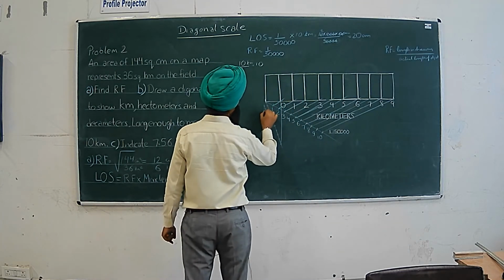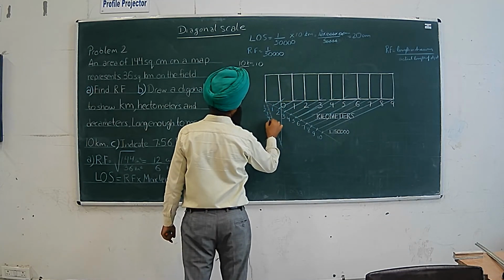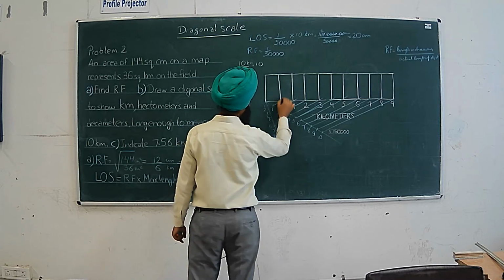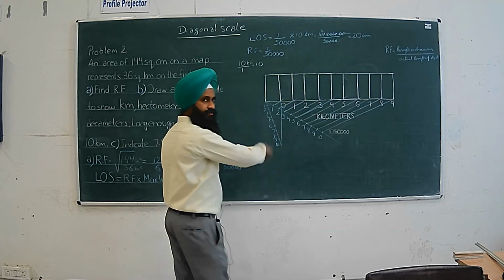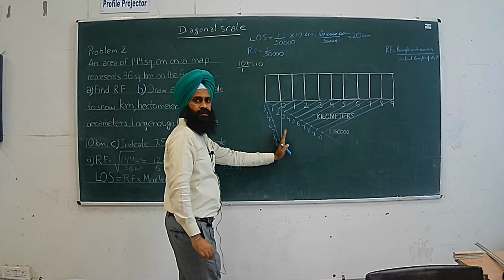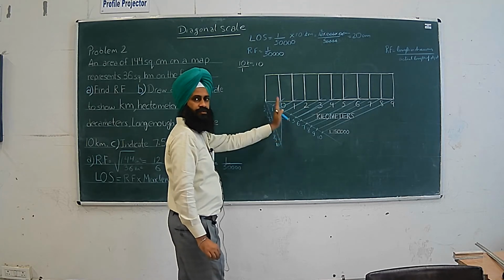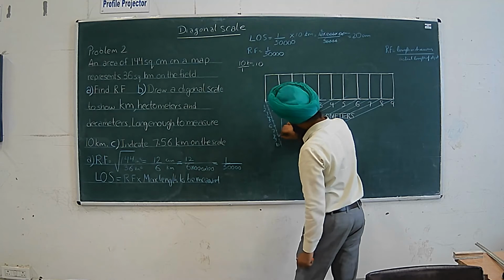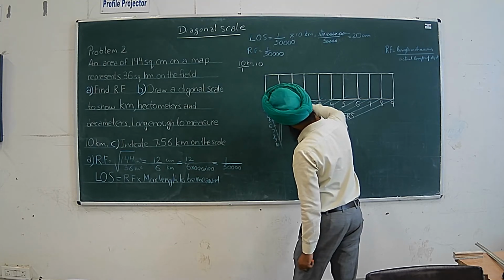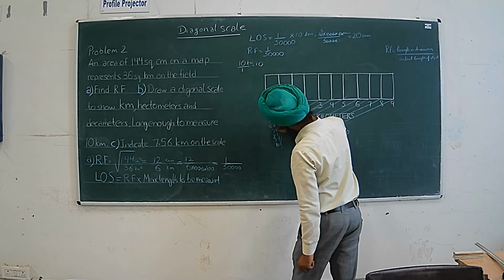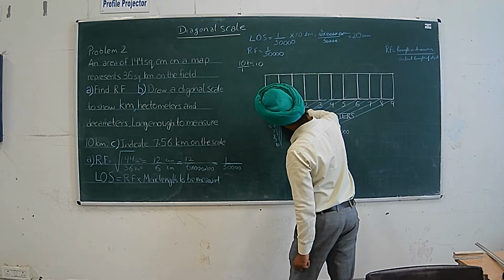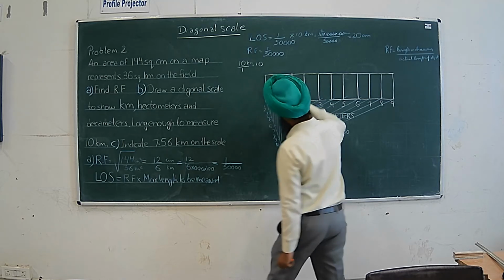So this is the first, second, third, fourth, fifth, sixth, seventh, eighth, 10th division. 10th division joined with 0 and draw parallel lines from every point to this line which is joining 10 with the 0. So we'll draw the parallel lines from 9, 8, 7, 6, 5, 4, 3, 2 and 1.